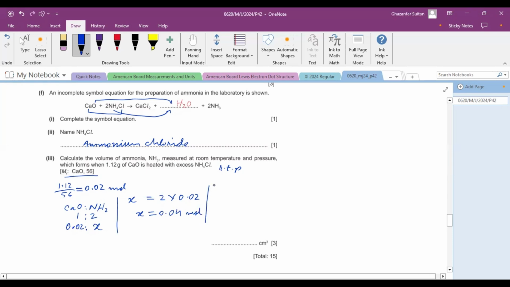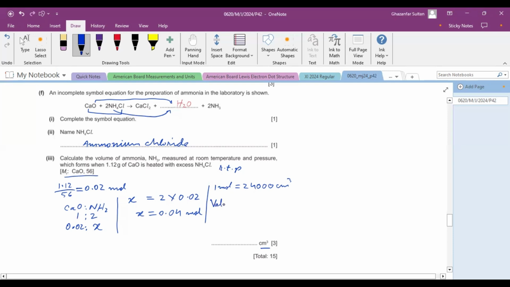And we know that 1 mole of ammonia or any gas at RTP occupies 24 decimeter cube, or in other words, 24 multiplied by 1000 means 24,000 centimeter cube. So as the answer is required in centimeter cube, I use this relation. So we have 0.04 mole.